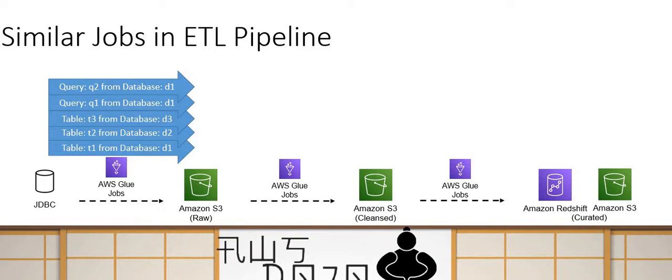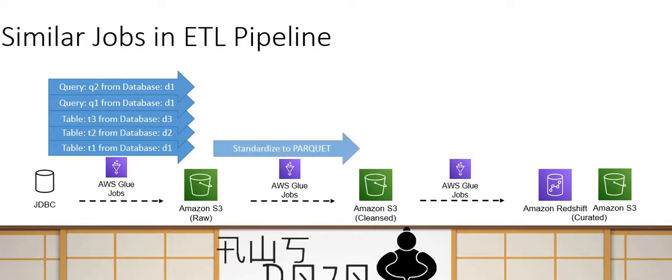Now, all you're doing is, based on either table data or query data, extracting data from some relational database and putting it into an S3 bucket. These jobs are similar. I'm just giving one example, but there could be other similar extraction jobs. So you might write 100 pipelines to fetch data from various data sources, but when you're talking to a JDBC endpoint or relational data endpoint, at the end of the day you are simply extracting data and dumping it into an S3 bucket, if you think about it.